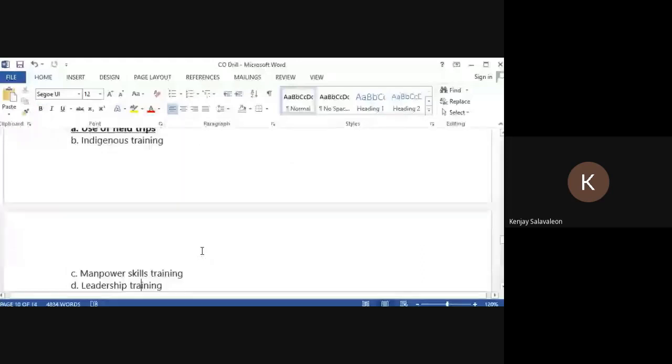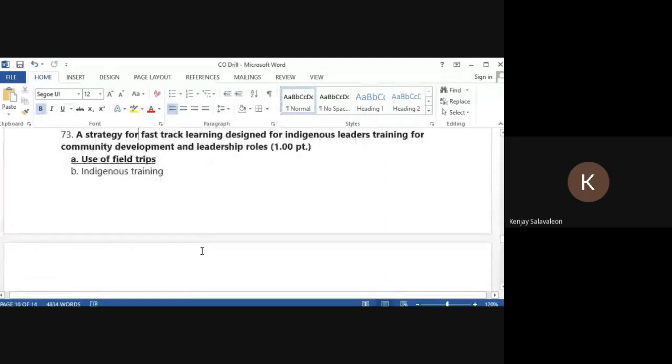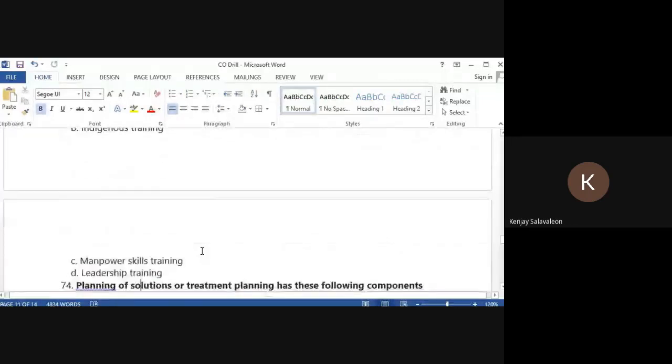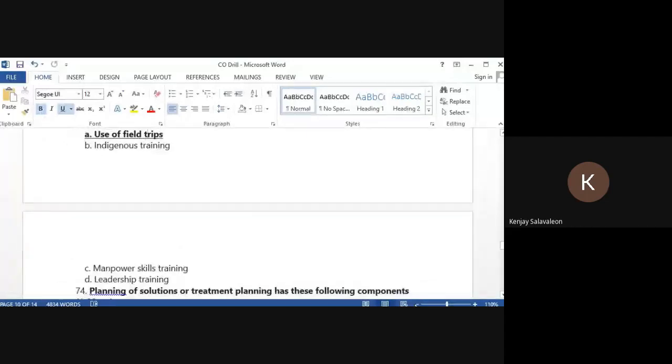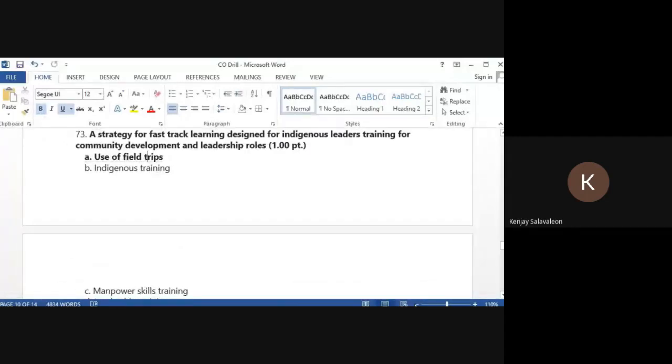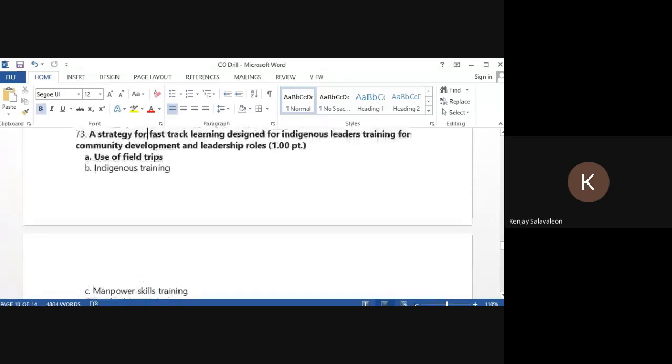Number 73. A strategy for fast-track learning designed for indigenous leaders training for community development and leadership roles. I am doubtful with this option. Wait, let's change it. Designed for indigenous leaders training for community development and leadership roles. This is about the use of field trip.